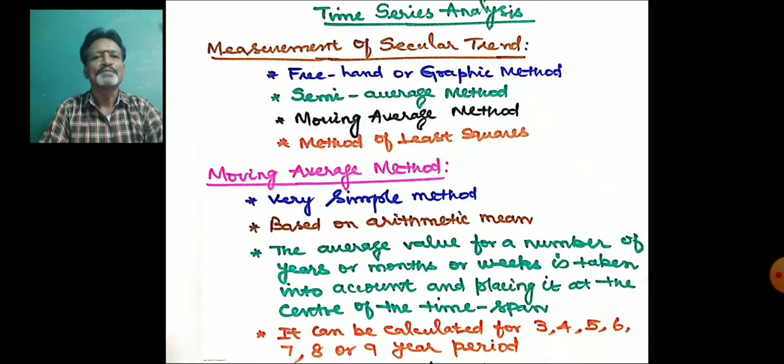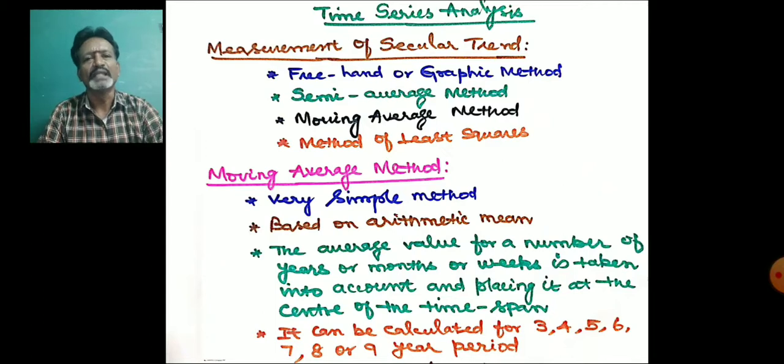Okay. Now, measurement of secular trend. Here there are 4 ways of measuring secular trend. One is the freehand or graphic method. Number 2, the semi-average method. Number 3, the moving average method.